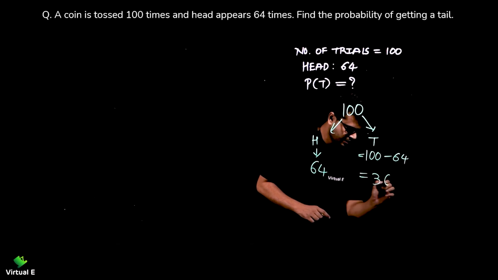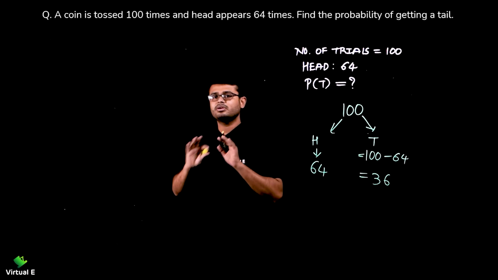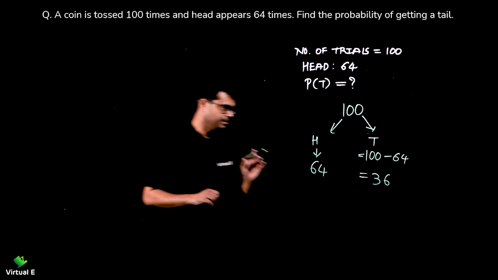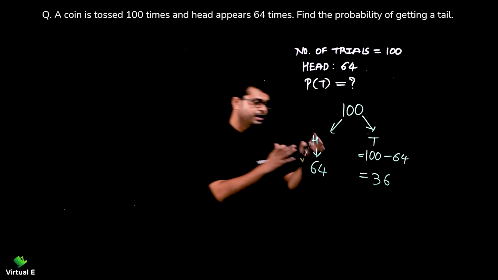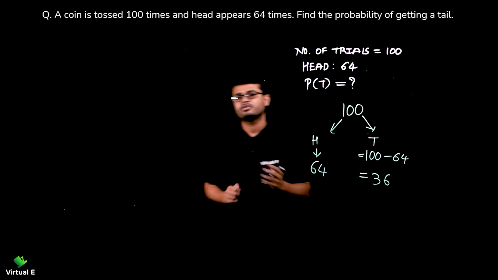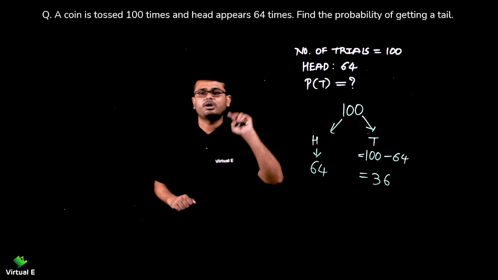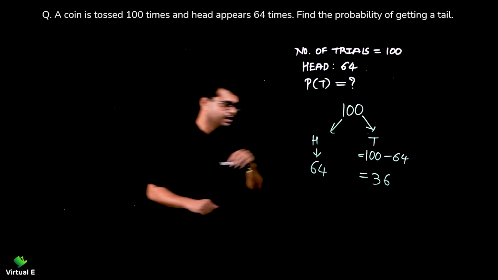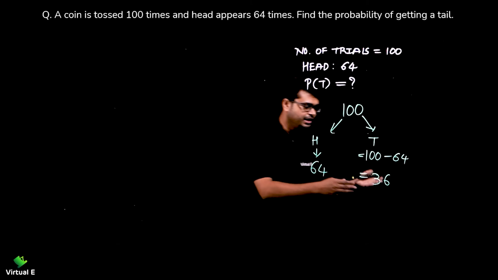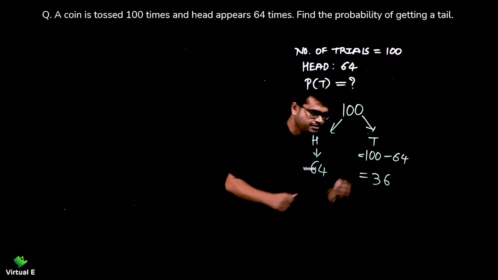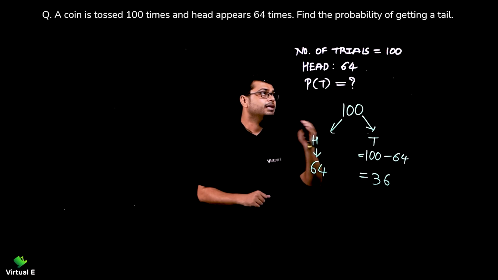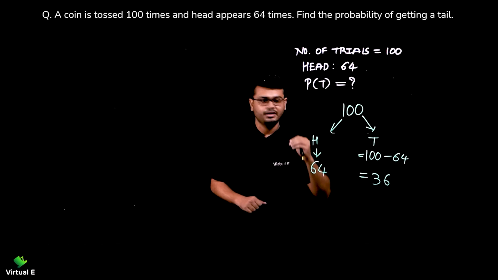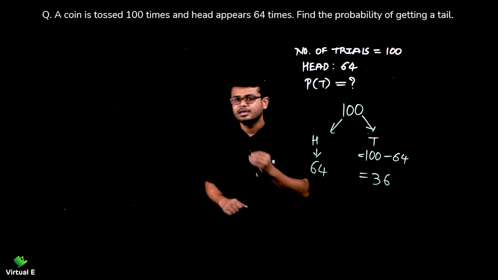That is 36. If head is coming 64 times, the remaining times it will be tail, because for the coin there are only two outcomes, head and tail. Now to find the probability, we need the frequency, that's 36 for the tail, and total number of trials is 100, so 36 by 100 is the answer.